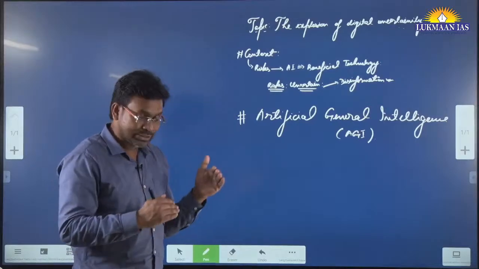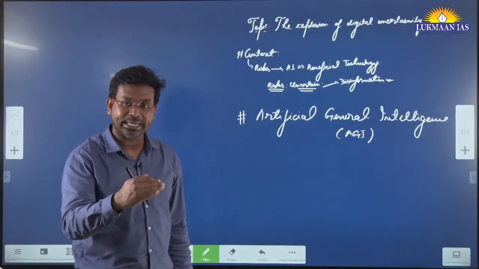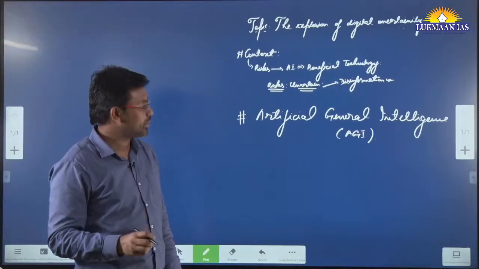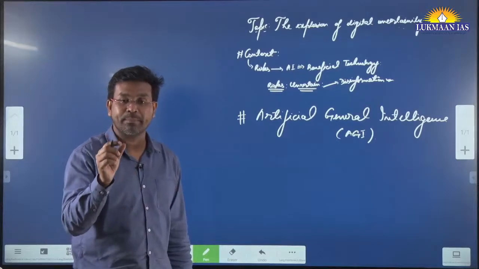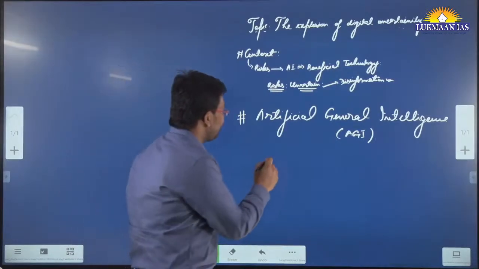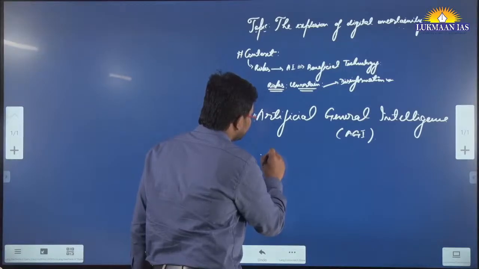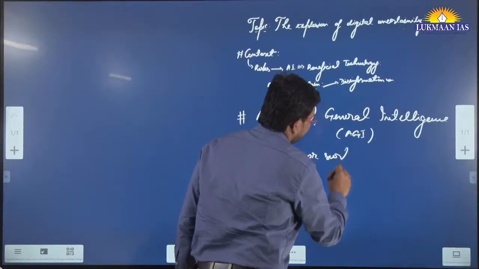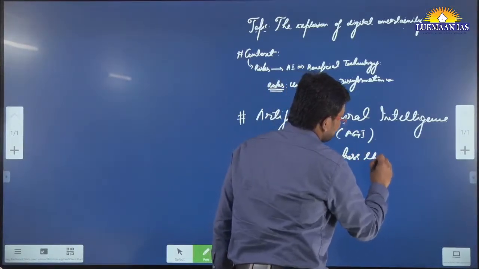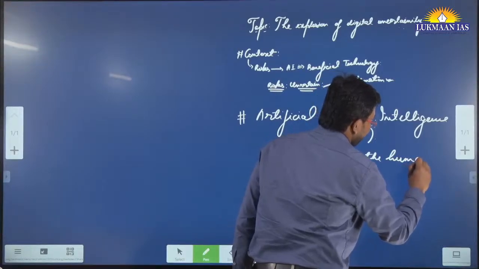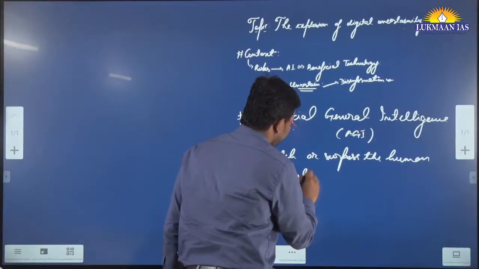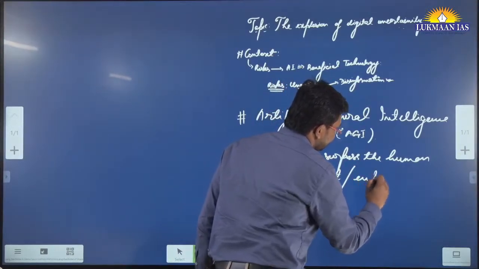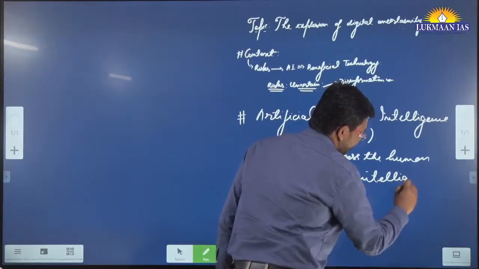However, it is not very far, maybe down the line after 10 years, 15 years, we may see artificial general intelligence. And this artificial general intelligence will be able to match or surpass the human intellect or human intelligence. Okay, that's the thing.